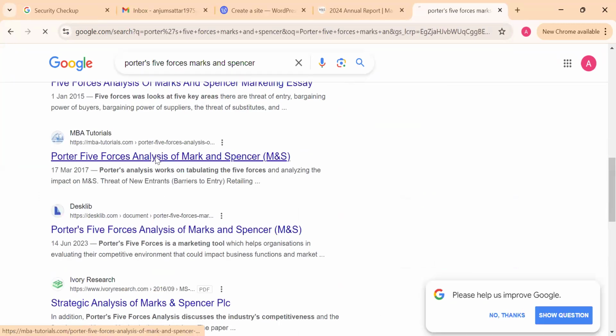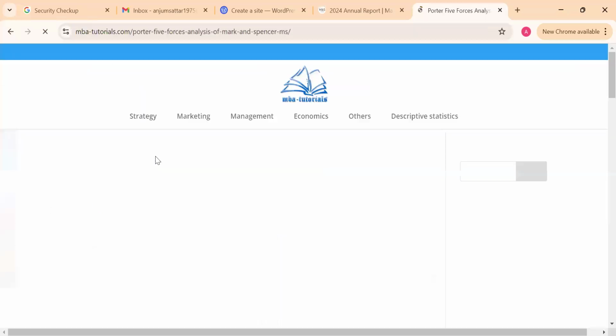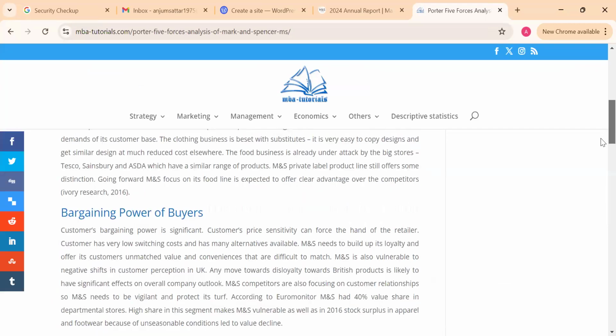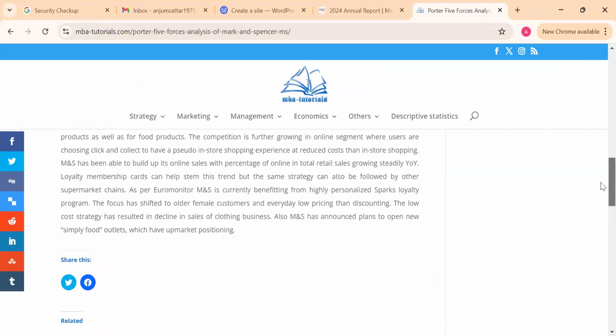You will see here this is Marks and Spencer being applied to it. So that gives you a good idea. Of course, you can embed the latest information, rating it high, low, medium. So in the light of that, we can draw the conclusion and recommendation accordingly.